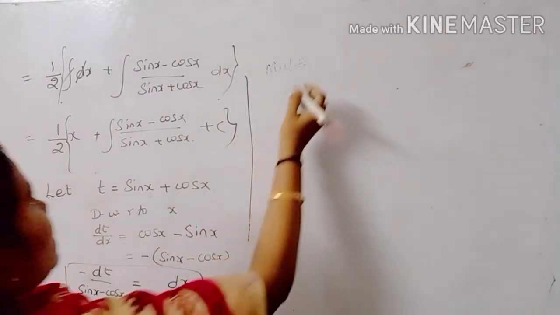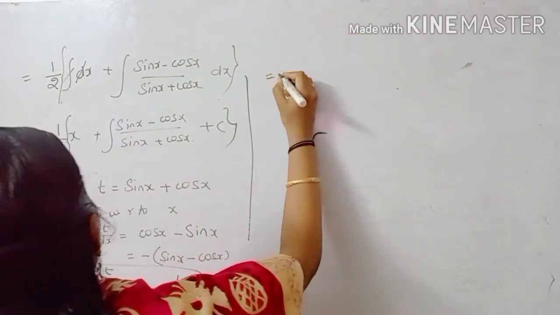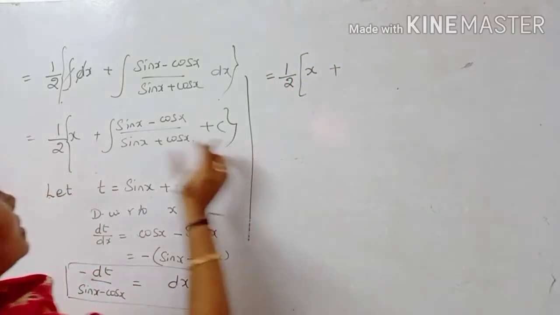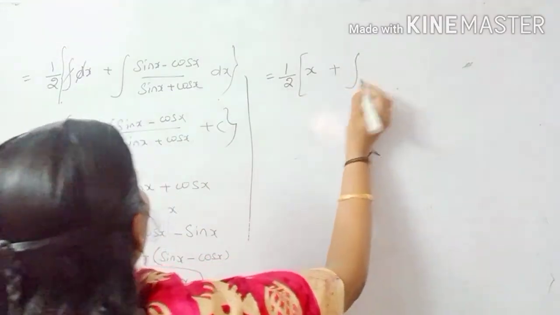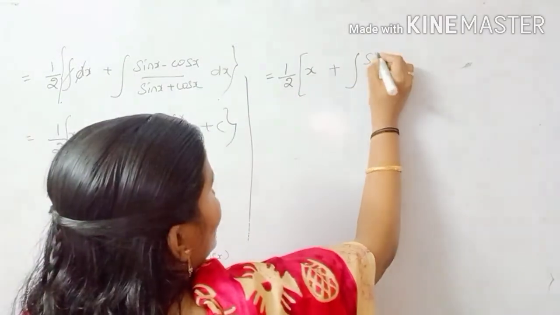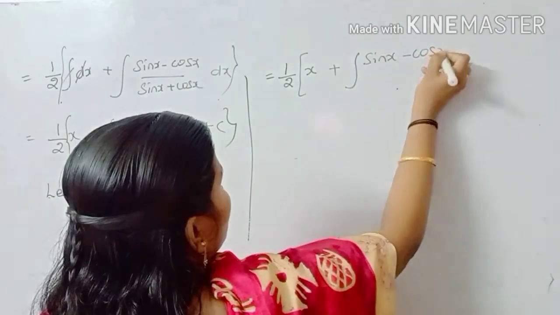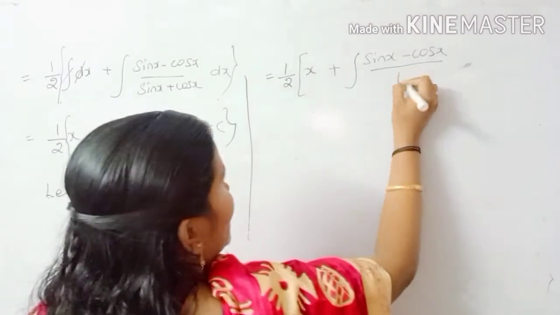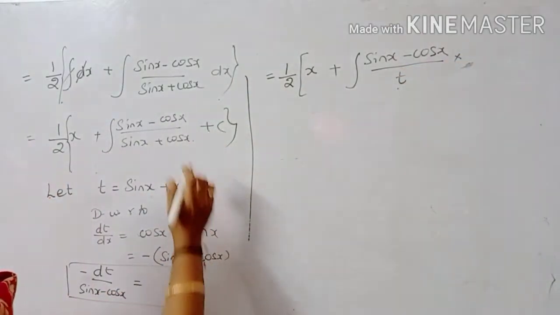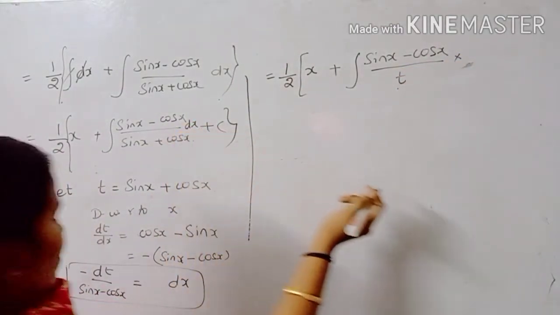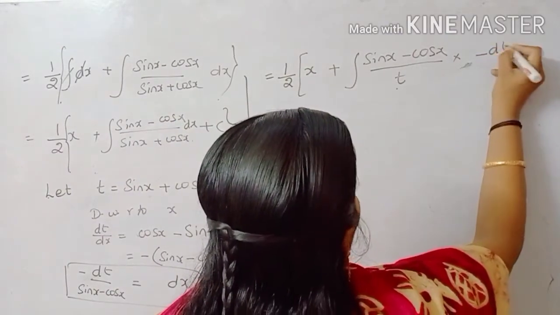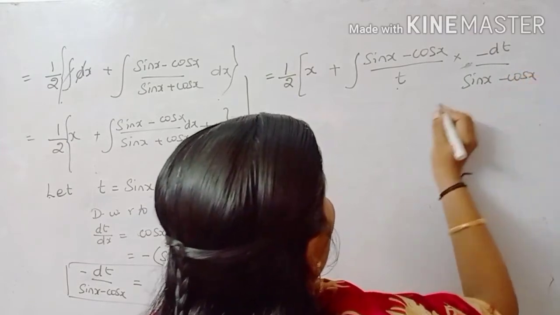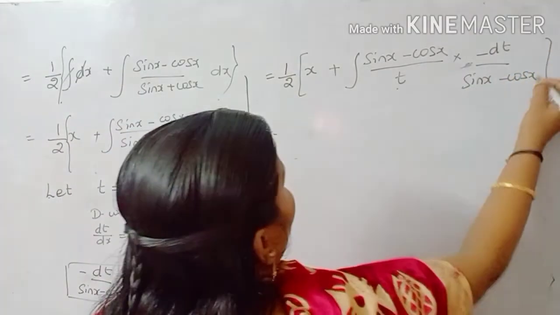When we substitute here, we get 1 by 2 x plus integral sin x minus cos x as it is, divided by sin x plus cos x is t, into dx. So dx value is minus dt divided by sin x minus cos x. So this is equal to plus c.